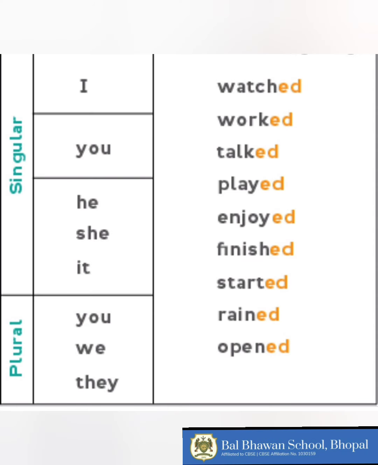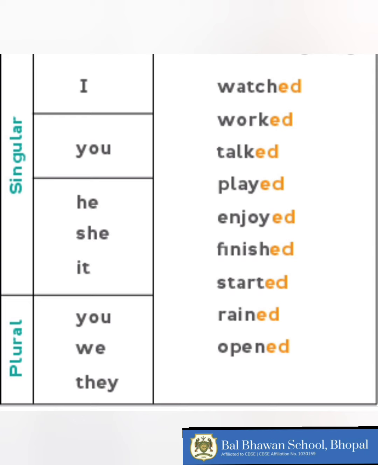Students, look here on the screen carefully. What can you see here? Yes, here is the structure of a simple past tense. Here, the singular and plural pronouns are used with the past form of the verb, that is, verb plus ed.